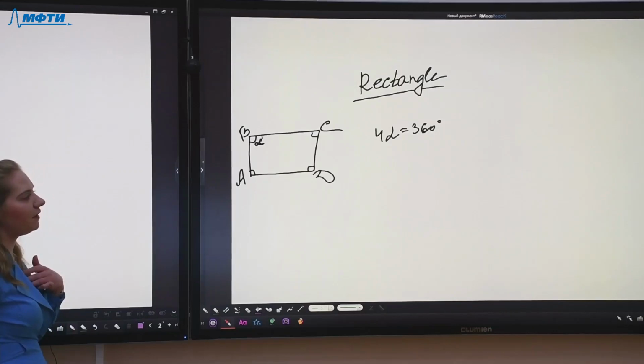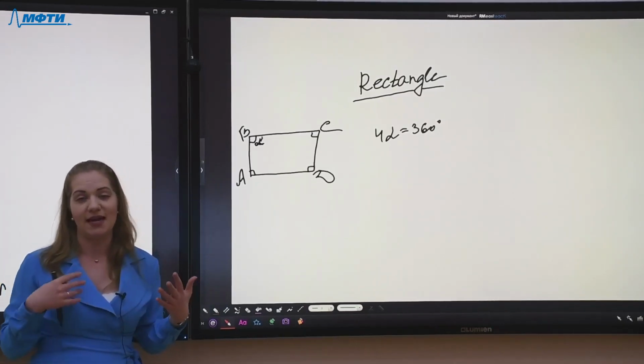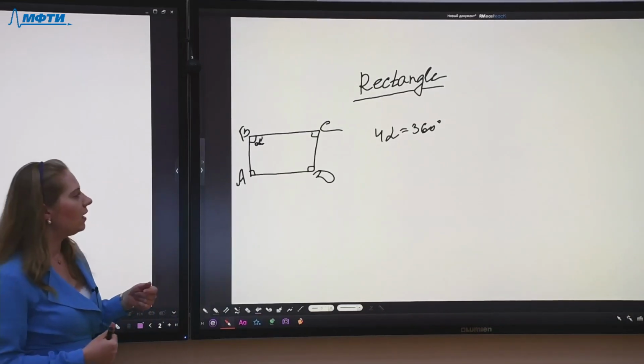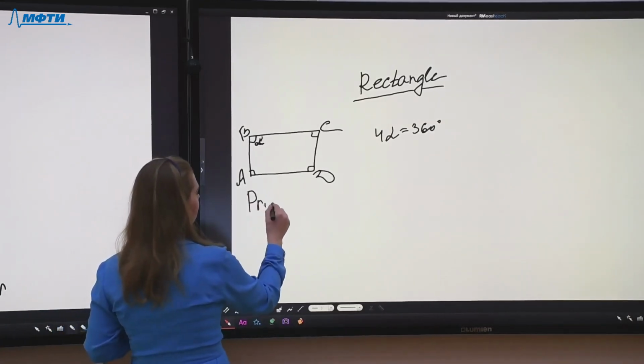So if we take a parallelogram and one of the angles of this parallelogram is 90 degrees, we can say that this is a rectangle. The other property of a rectangle, so properties.